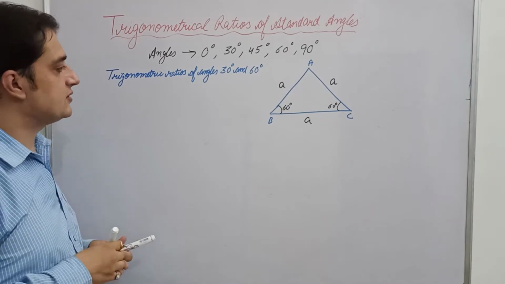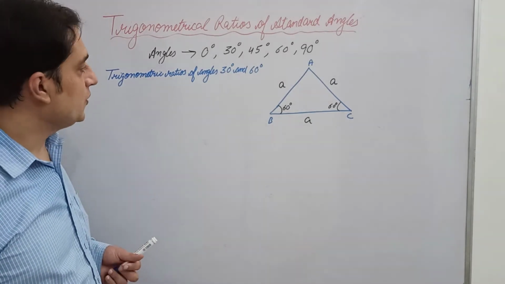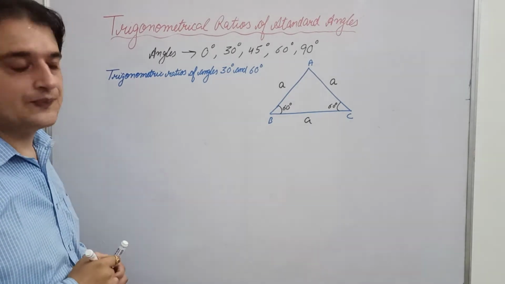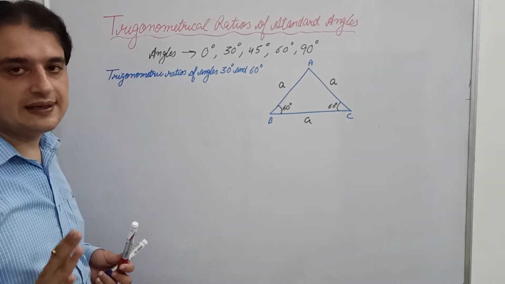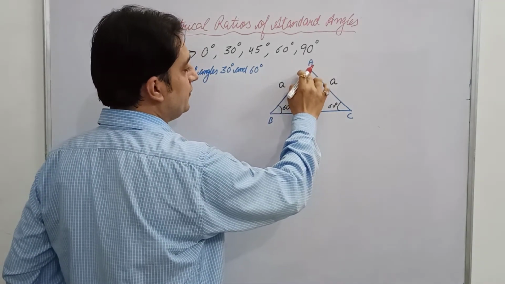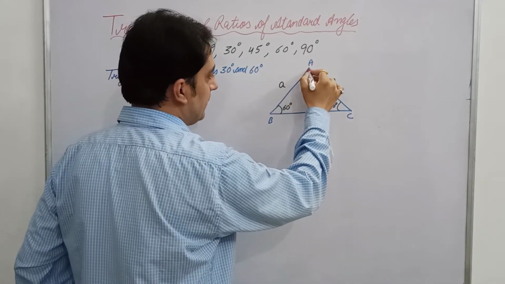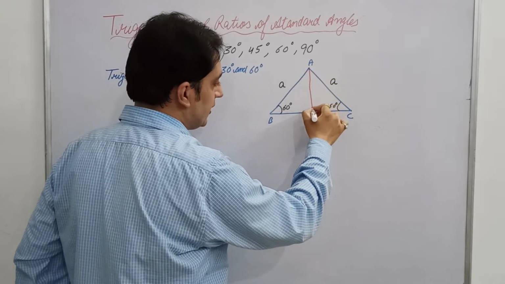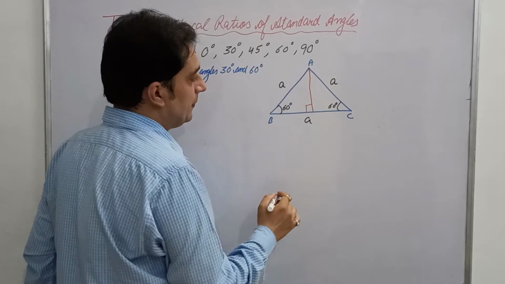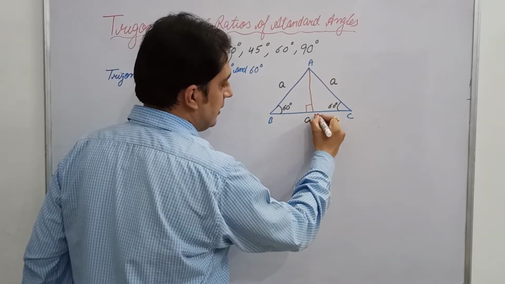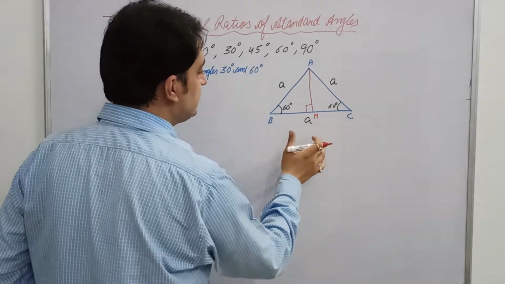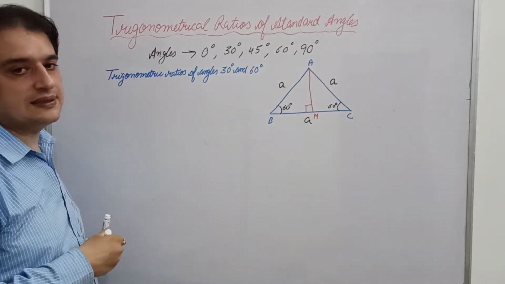And each angle is 60 degree. You know that trigonometric ratios mainly deal with the right angle triangle. So from vertex A of the triangle, we draw a perpendicular to its opposite side. So here we draw the perpendicular AM to its opposite side BC.